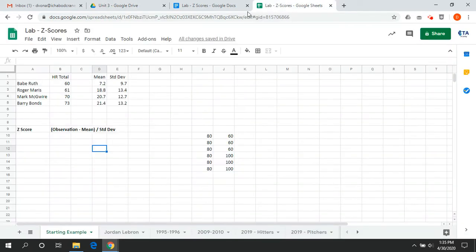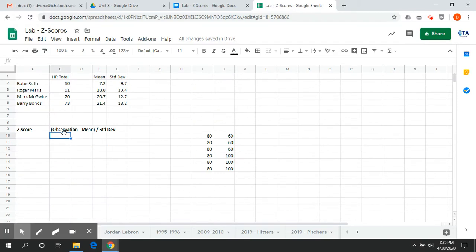Now, very simply, a z-score is the observation, so the player's stats, minus the average value of that stat from the era that they played, divided by the standard deviation from the era that they played.